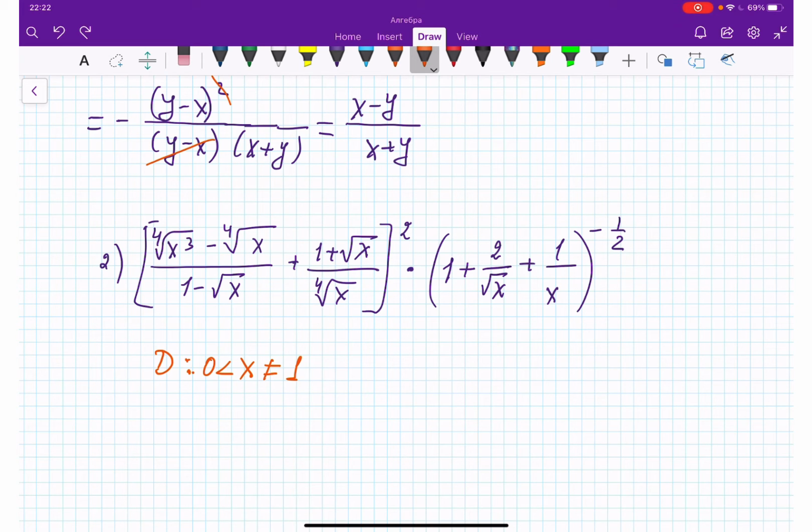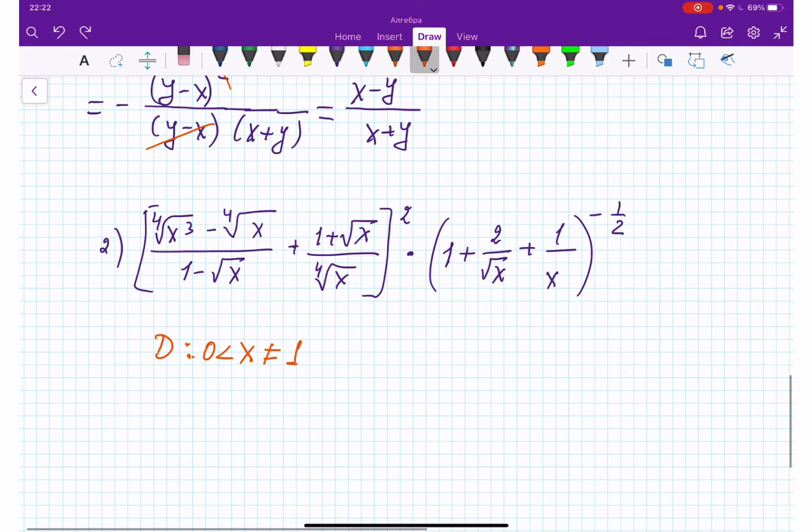Let's start working. So, first fraction, the radical degree 4 of x cubed minus radical degree 4 of x. I clearly can take out radical degree 4 of x, right? And what will I have left here? I will have radical degree 4 of x squared, because we had here x to power 3.